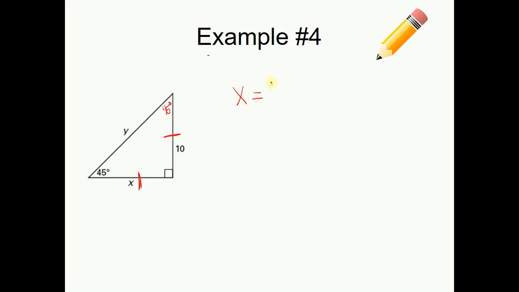So I know immediately that x equals 10. Because remember, the legs of a 45, 45, 90 triangle are in fact congruent. Then I still need the hypotenuse. Formula, it's not the square root of 3, it is the square root of 2. So hypotenuse equals a leg times the square root of 2.